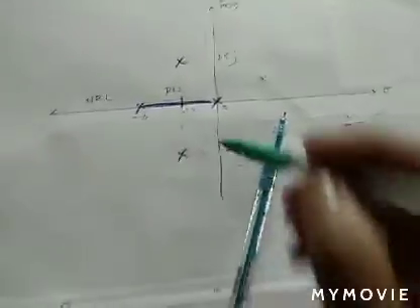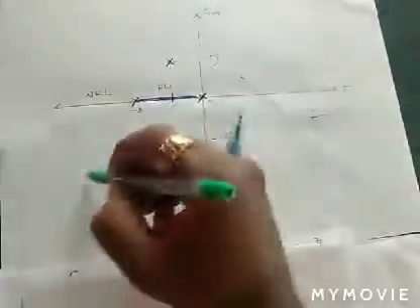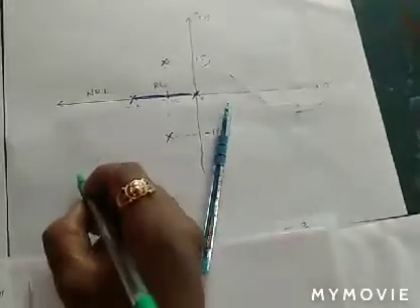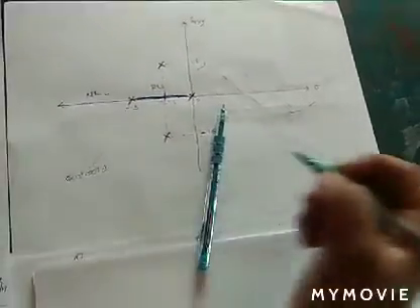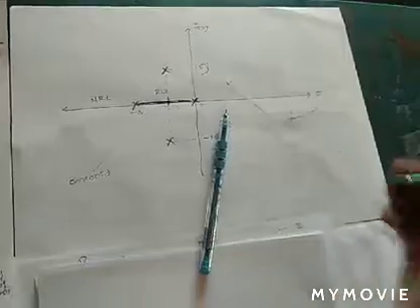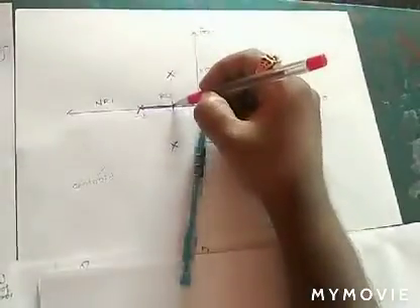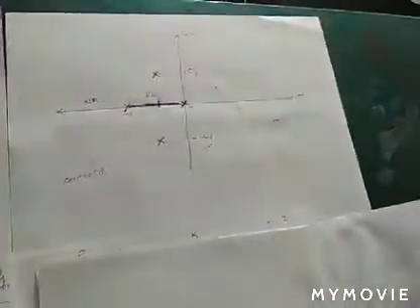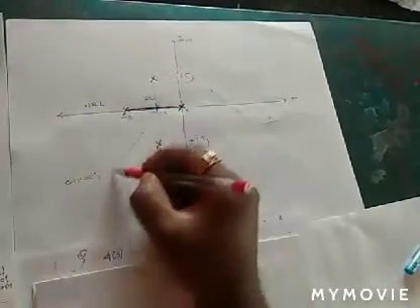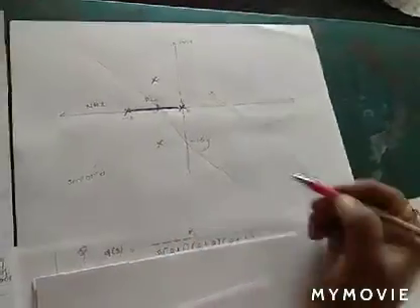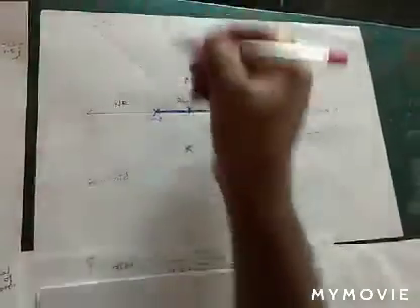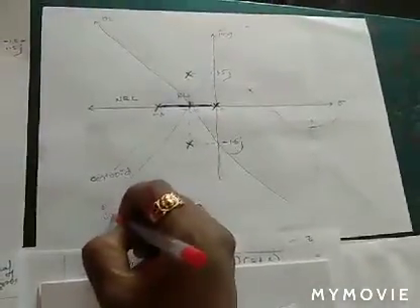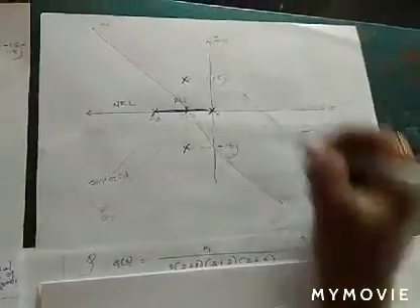So the centroid I have marked as minus 1.5. Then I will draw the angles: this is 45 (theta 1), theta 2 is 135, 225, 315.